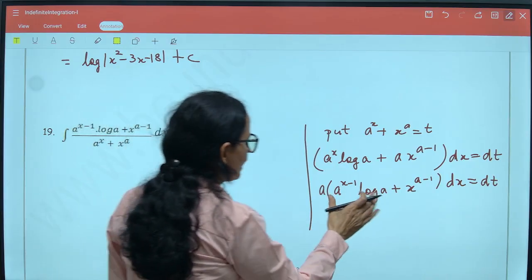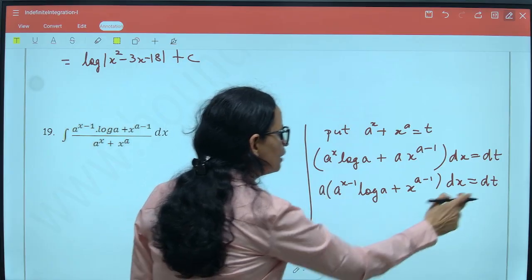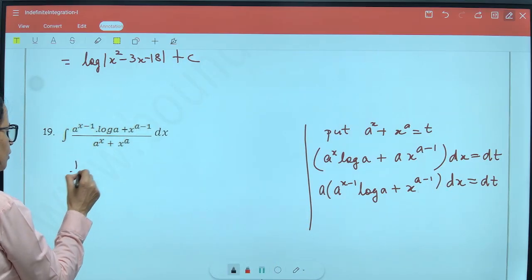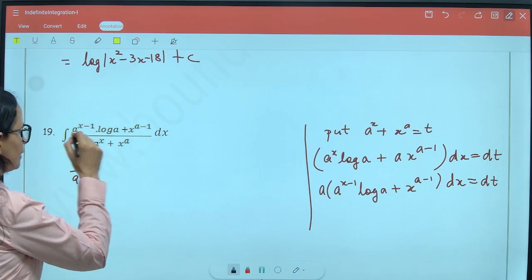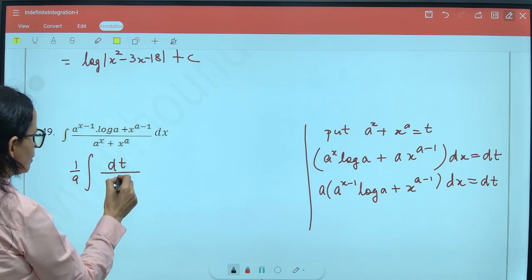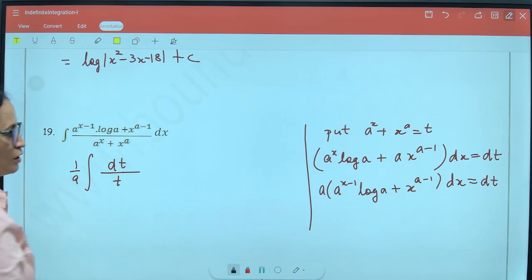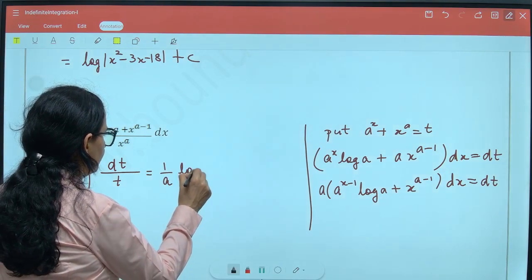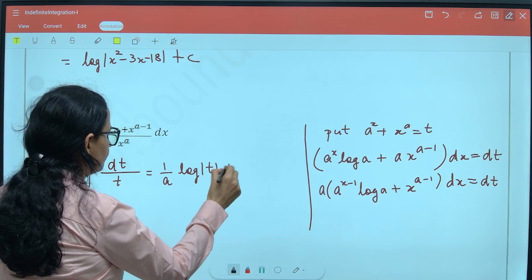Right? So that means I can write this entire expression as 1 upon a dt. So this numerator can be written as 1 upon a, I will keep it out, and this can be replaced with dt upon t, since I have put the denominator as t. So the integral of 1 by t is log of t. So this becomes 1 by a log of t plus c.